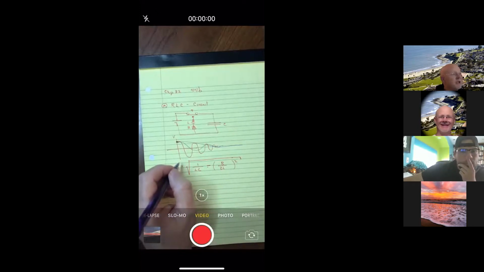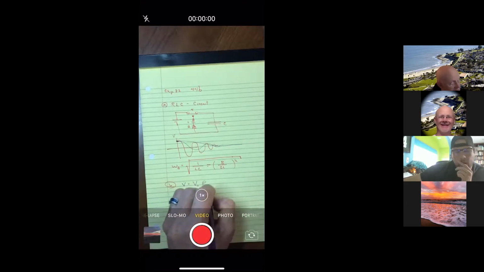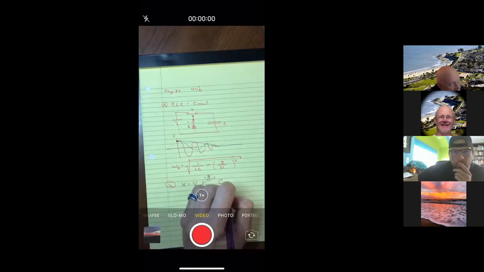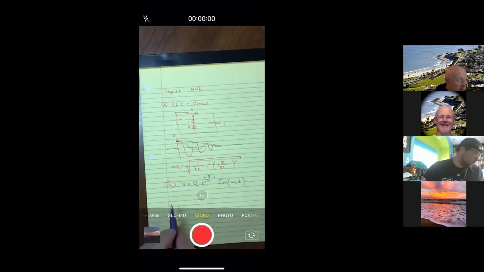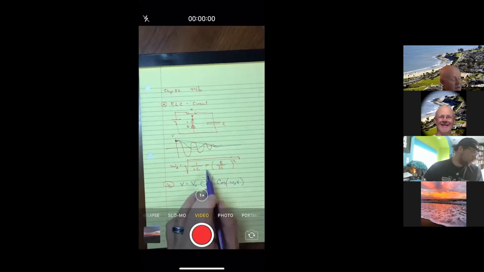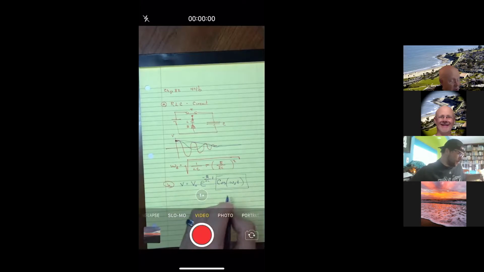Because if you remember, the full solution to the voltage looks something like this. The voltage is the initial voltage, and then this decaying exponential, and then this cosine. And so what they're really saying here is, how much would you have to increase R in order for this term to essentially go away?